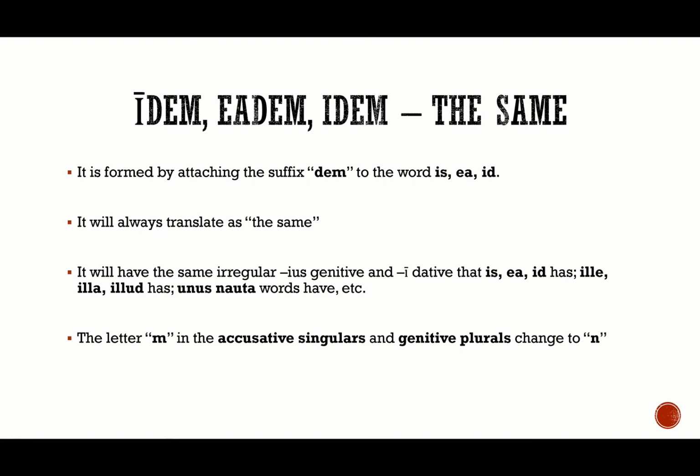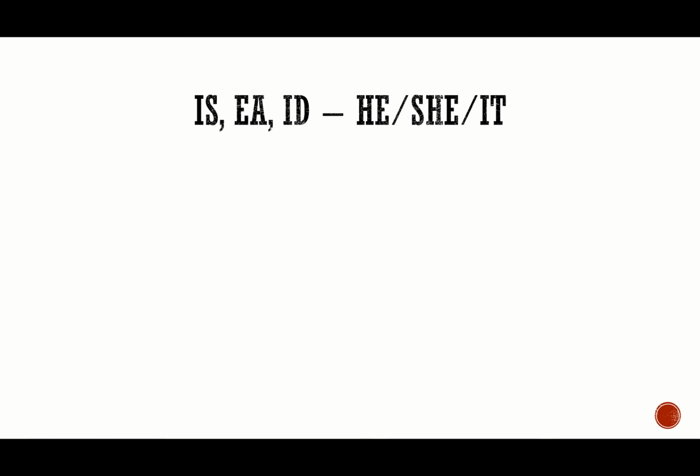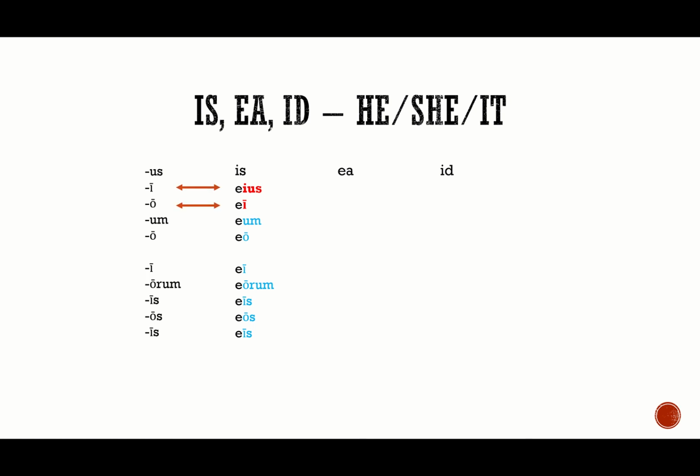So before we look at that in more detail, I want to look at is, ea, id as a refresher. How do we decline this word? So right, is, ea, id, the masculine form is going to do the same exact thing that ille, illa, illud did, meaning it has second declension masculine endings, but it has the irregular genitive and dative singular. Likewise, your feminine is going to follow first declension endings and have an irregular genitive and dative singular.